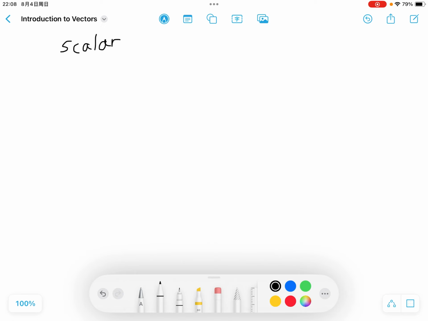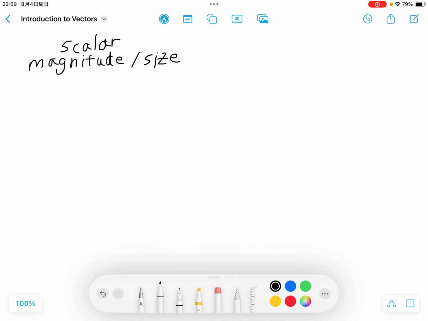So scalar is much like the opposite of vector, and it's basically any type of value that doesn't have a direction, so it only has a magnitude. So what exactly is a magnitude? You can think of this as the size of this value here.